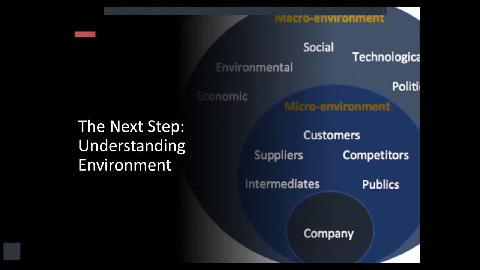In marketing, we usually divide the environment into two different categories. One is the internal or microenvironment of an organization, whereas the other is the external or macro environment. The microenvironment, or internal environment, is also known as the controllable one, because these factors are within the control of an organization and help constitute the policies of the organization.